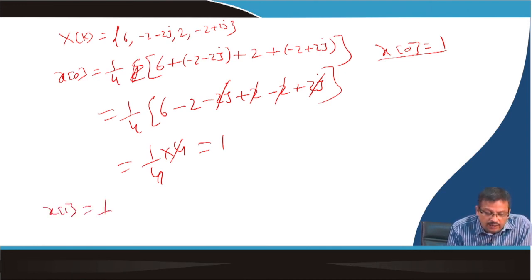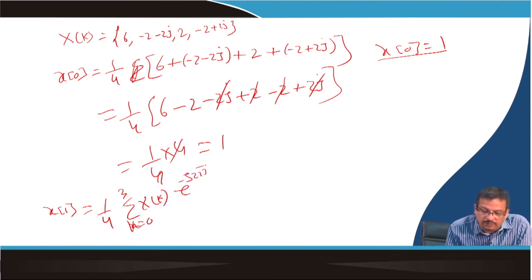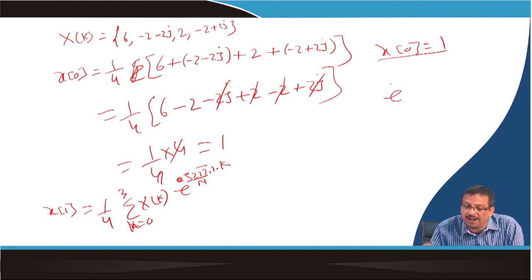It is nothing but 1 by 4, sum over k equal to 0 to 3, X[k] into e to the power minus j 2 pi by N, nk, with n equal to 1, k will be there. So e to the power plus j 2 pi by 4.